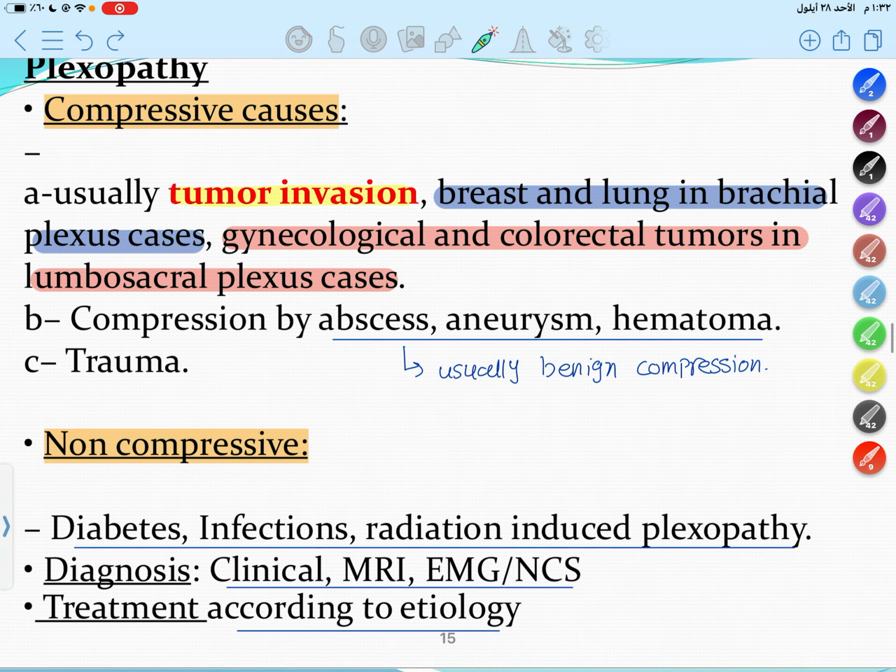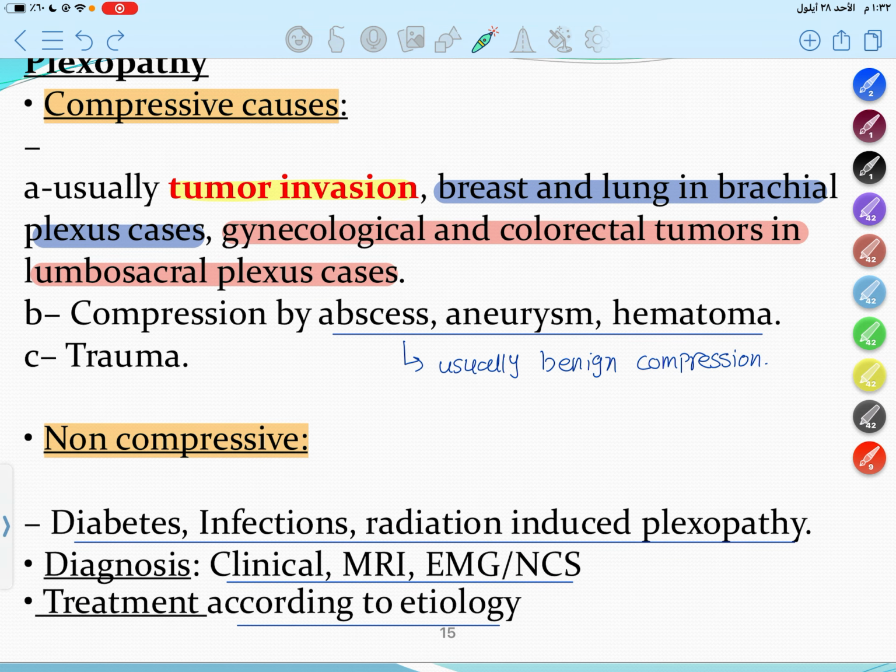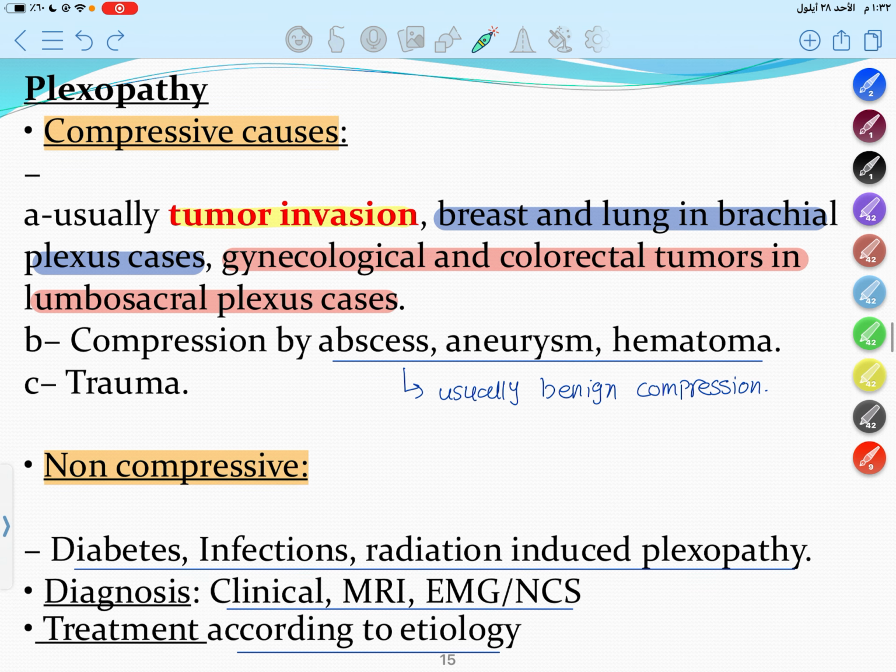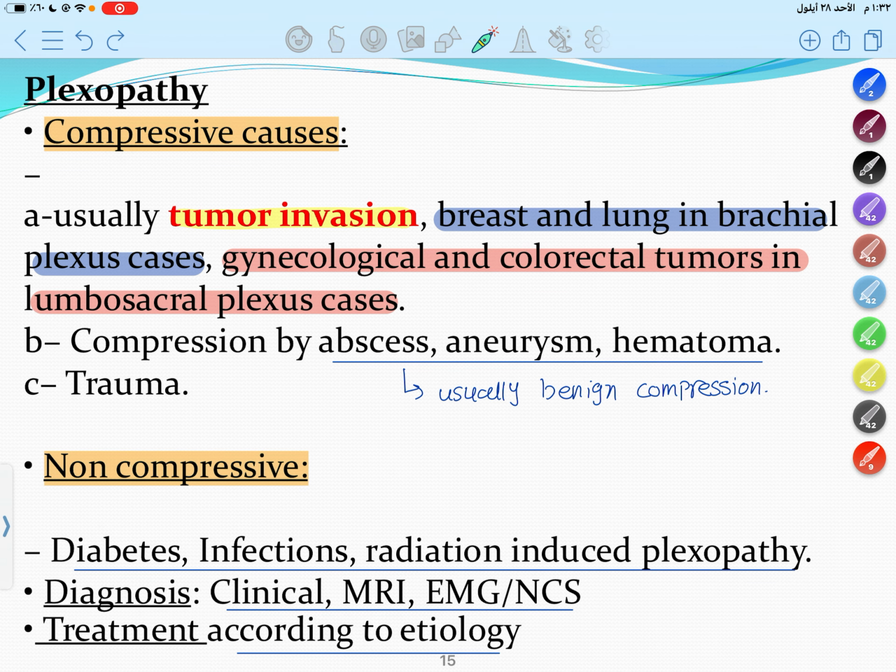So any problem, for example in the lung, like tumors, could invade that brachial plexus, or sometimes secondary from the breast.